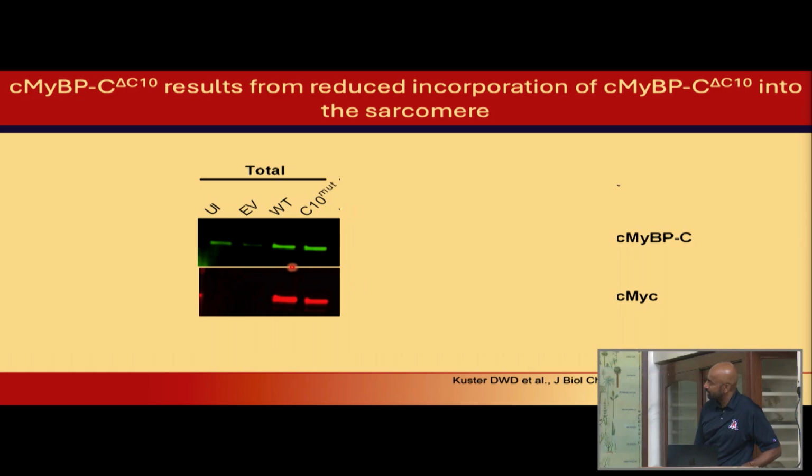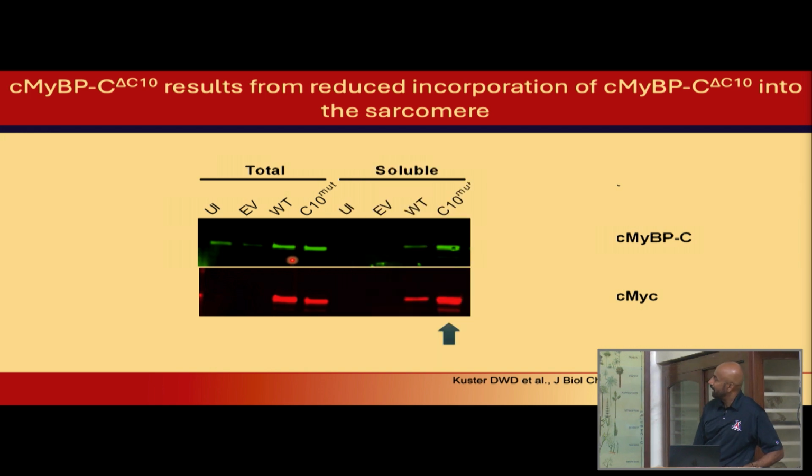This is a cell culture experiment, uninfected and then the empty vector. So we express a normal level of these 2 proteins, right? And then when you solubilize the total protein from the cardiomyocytes, you can see in the soluble fractions we have more mutant protein, the wild type is very, very little.